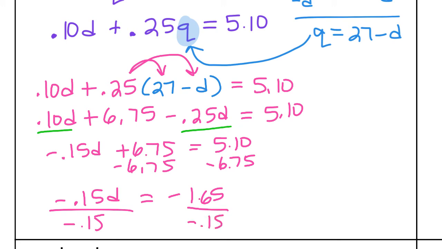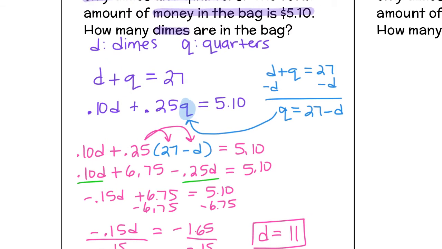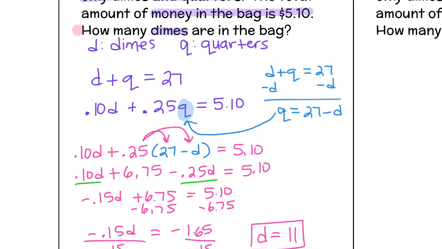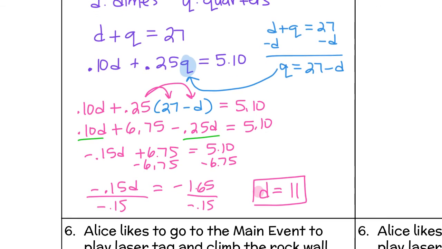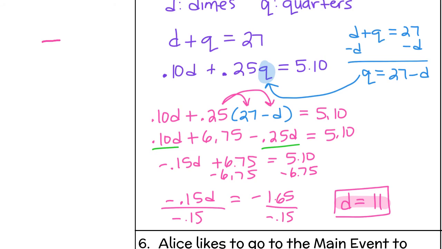A negative divided by a negative is going to give me a positive, and this is 11. So let's look back at the question that they're asking us. It said, how many dimes are in the bag? Well, we just figured out that D equals 11. So for this one, there are 11 dimes in the bag.